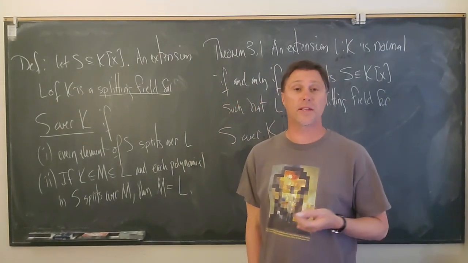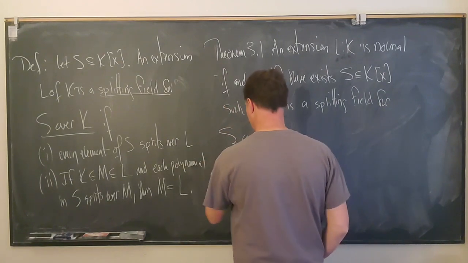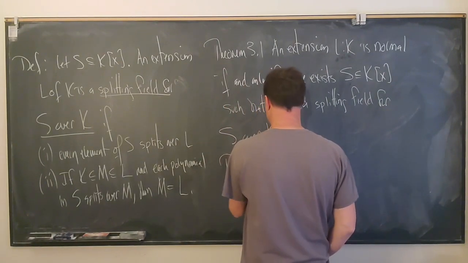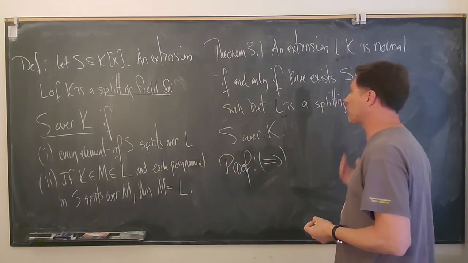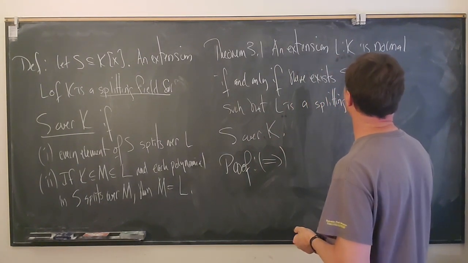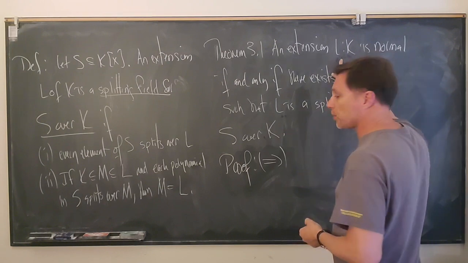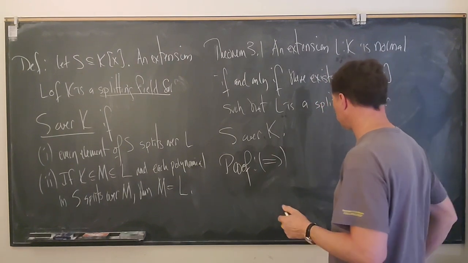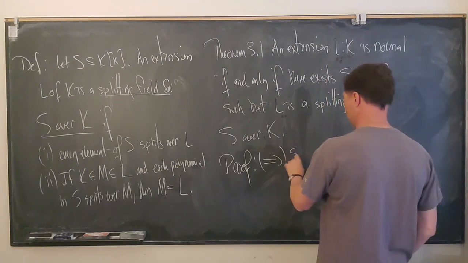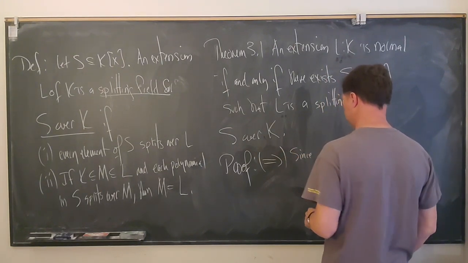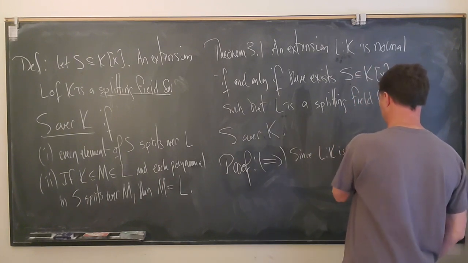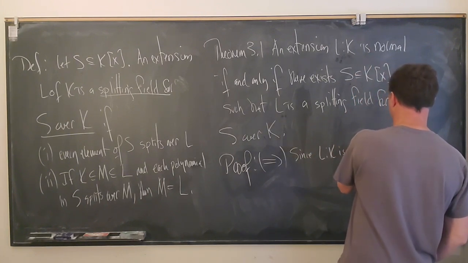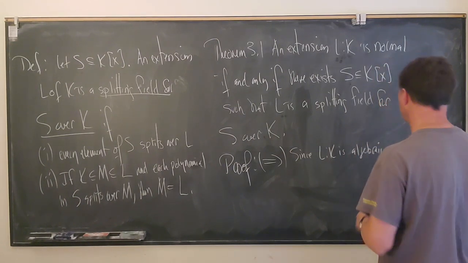Okay, so now let's get to the proof, and this proof definitely is a bit intricate. So in the forward direction, we assume that we have a normal extension, which means it's algebraic, and every polynomial that has a root in L splits over L. So since L over K is algebraic, what does that mean?